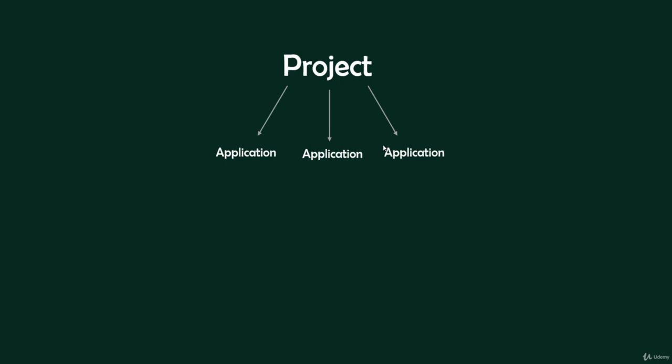So if we want to get started with Django, the first thing we'll need to do after we create a project is create a Django application. The way to do that is we go to our command line and type in python manage.py startapp followed by the name of our application.